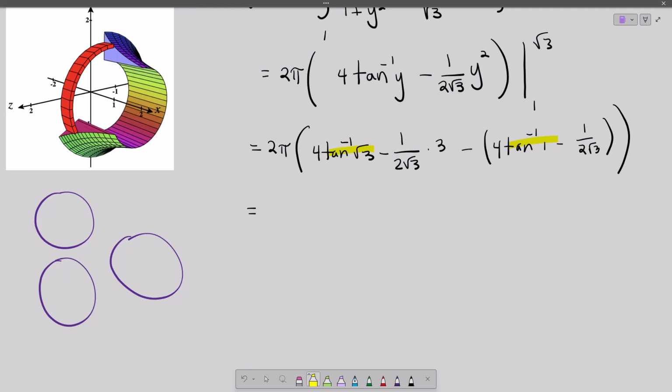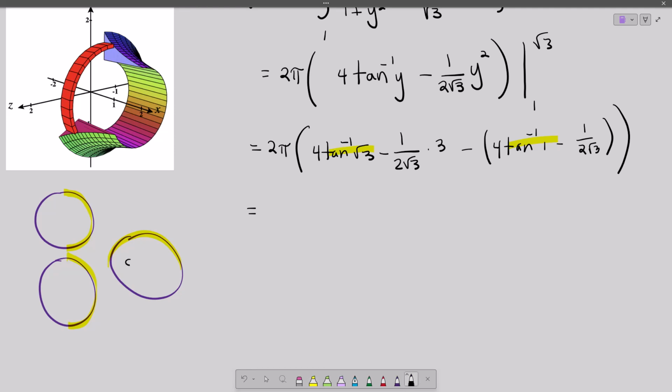Inverse tangent lives on the right. On the right means between negative pi over 2 and pi over 2. Inverse cosine lives on top, angle between 0 and pi. Inverse sine, like inverse tangent, is on the right.